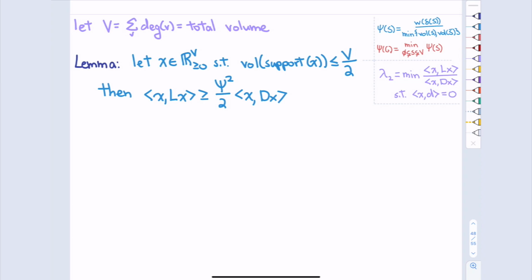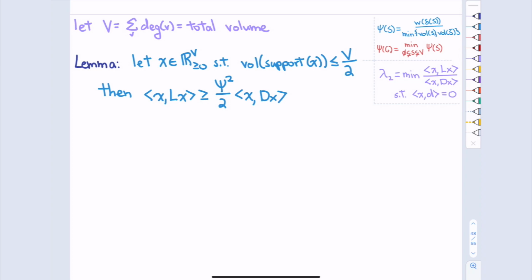The claim is that xLx is at least the conductance squared over 2 times the volume. x D x is actually the weighted volume of the coordinates in the support. Forget the volume. x D x is some quantity.